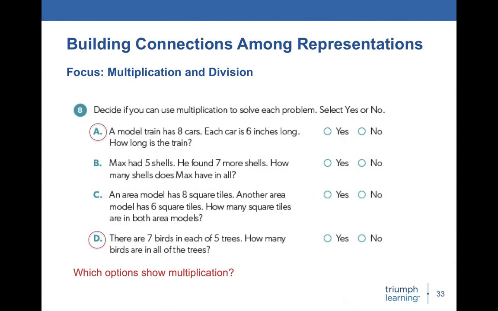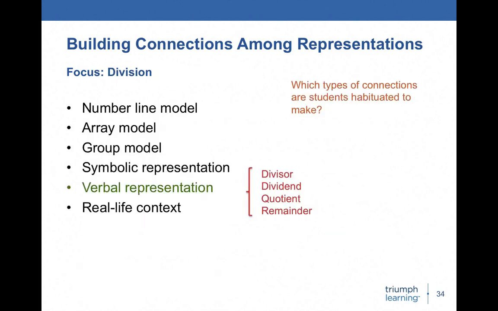And then the fourth one is a very typical case of sets. So A shows a measurement interpretation, D shows a set interpretation, C is an area situation, but it's not multiplication. So what we've been able to do here is draw a link between real-life situations and the verbal representations.